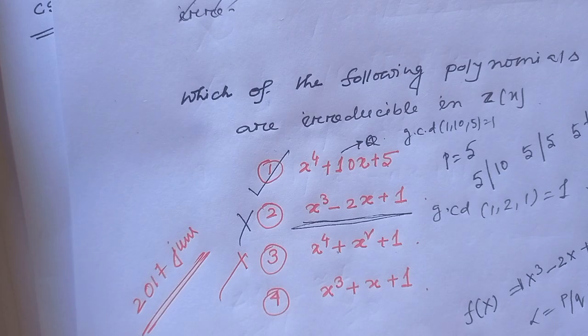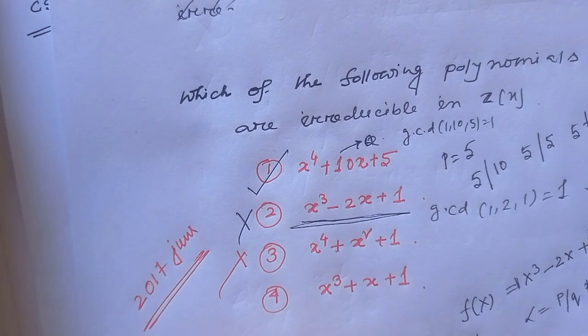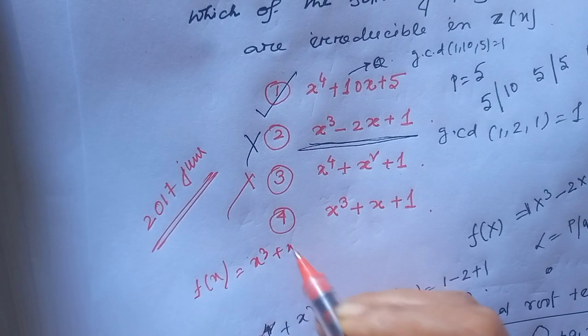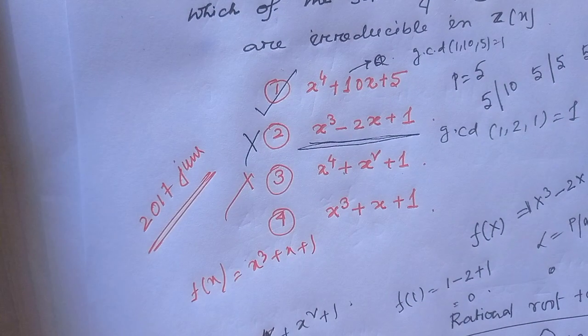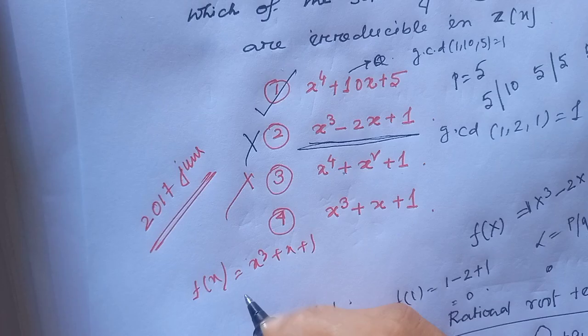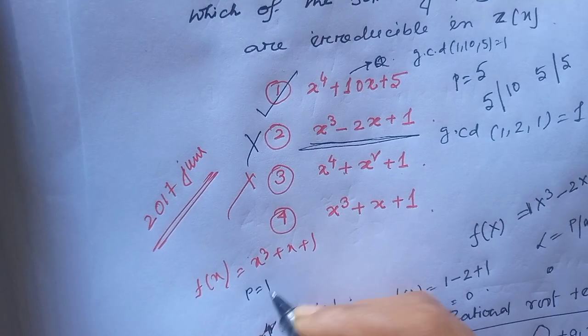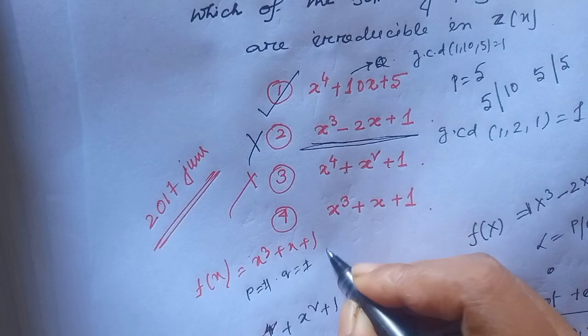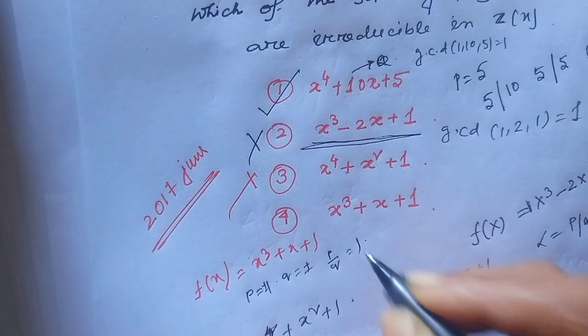Next, f(x) = x³ + x + 1. Here also use the rational root test. Here p = ±1 and q = ±1, and p/q = ±1.